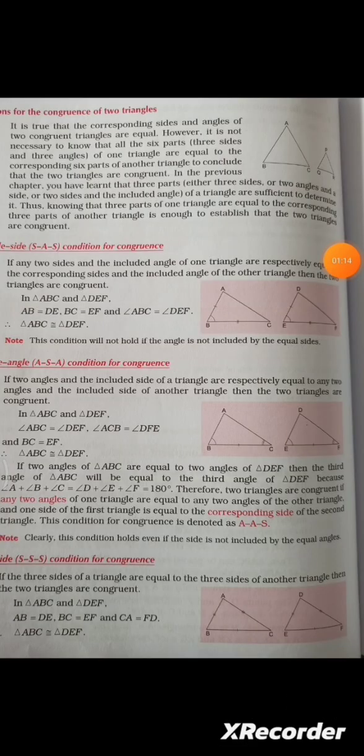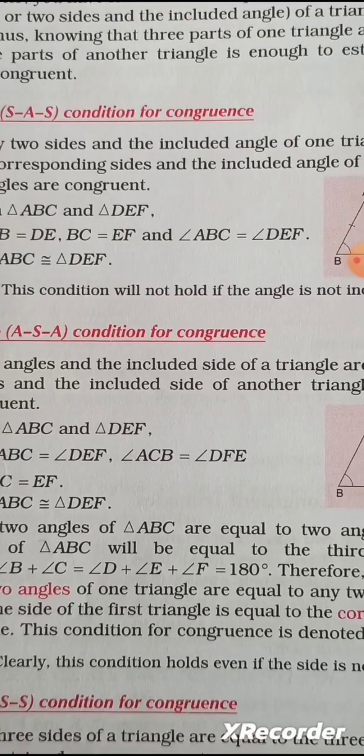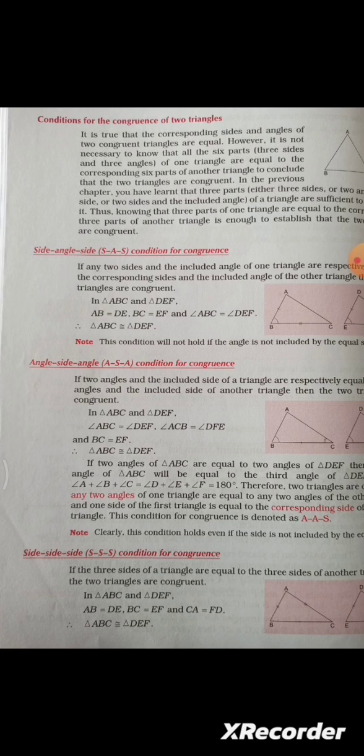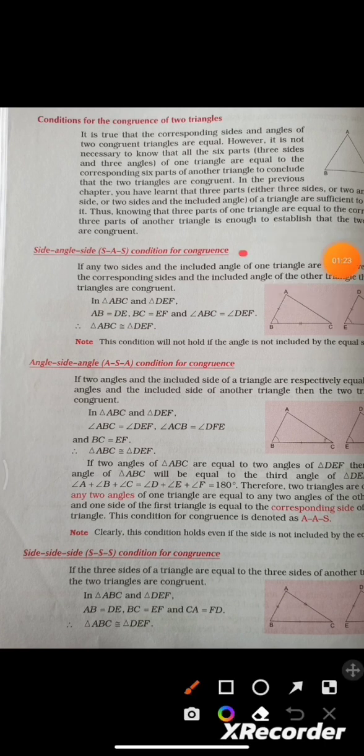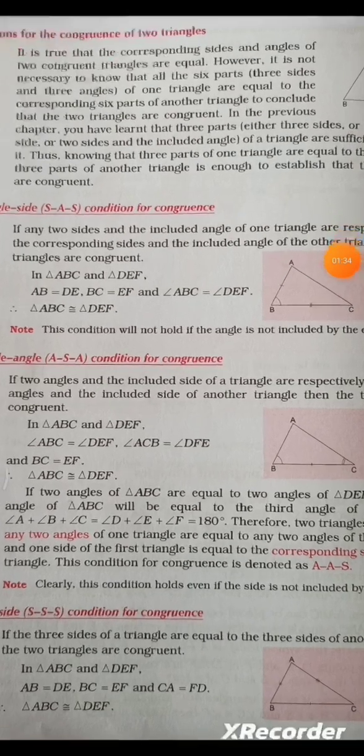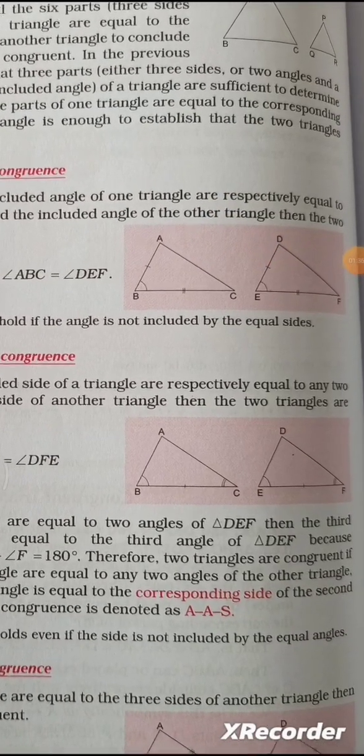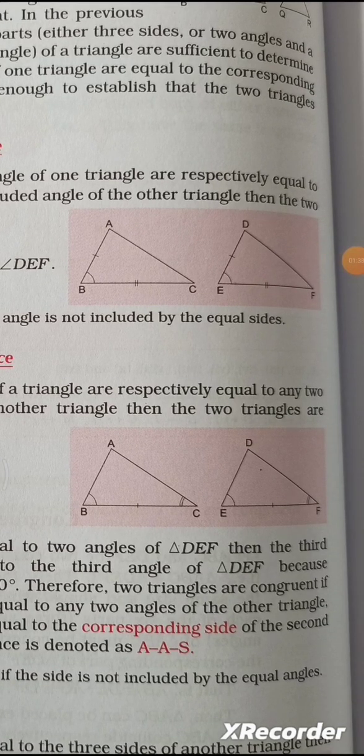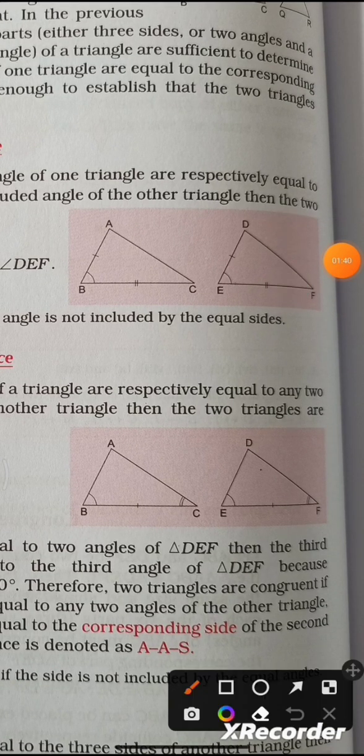As you can see in your book as well, the first criteria for two triangles to be congruent is SAS congruency. SAS means one side, then one angle, then again one side. If you look at this picture carefully, you will find that this side of this triangle is equal to this side.